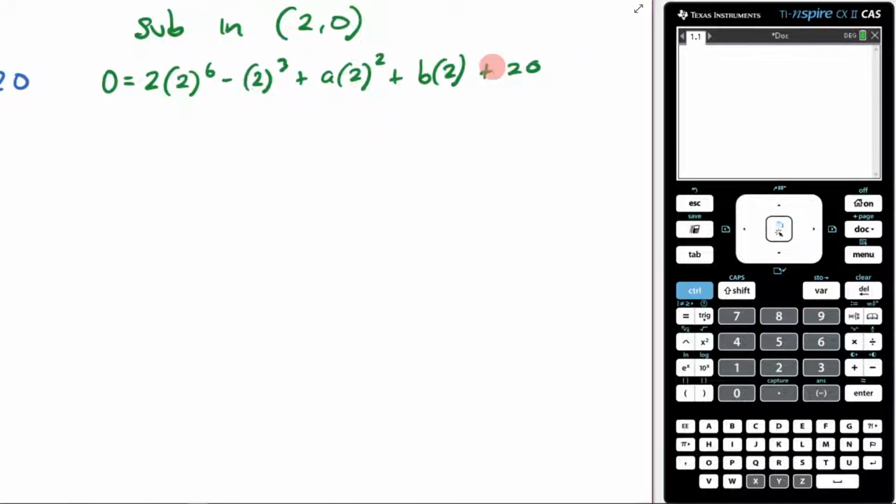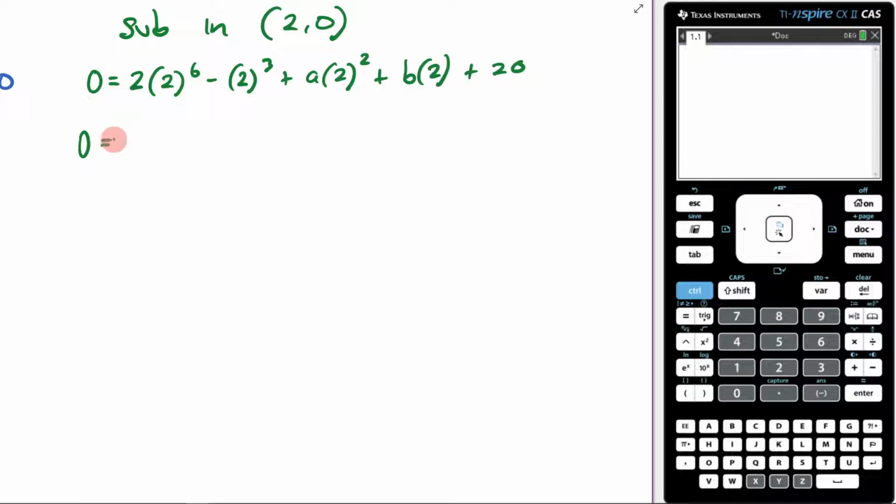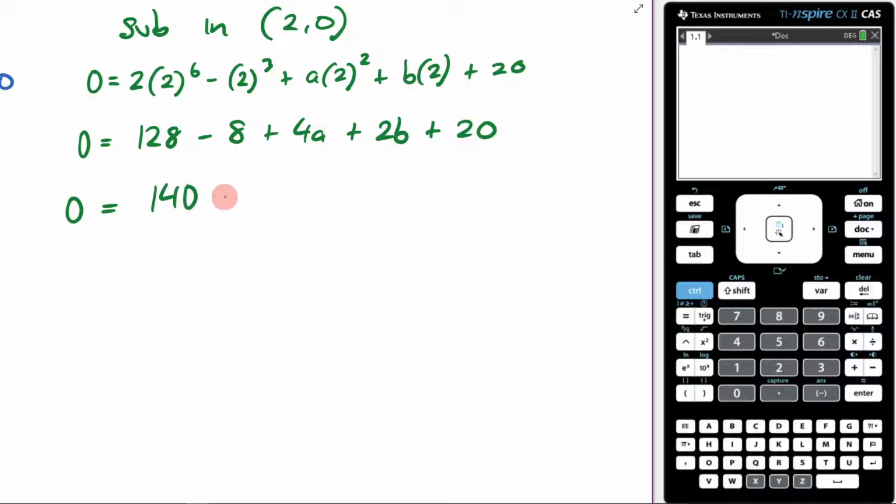All right, so this is going to become 0 is equal to 2 times 2 raised to the power of 6 is 128 minus 8 plus 4a plus 2b plus 20. We then gather things up. 128 minus 8 plus 20 will become 140 plus 4a plus 2b.